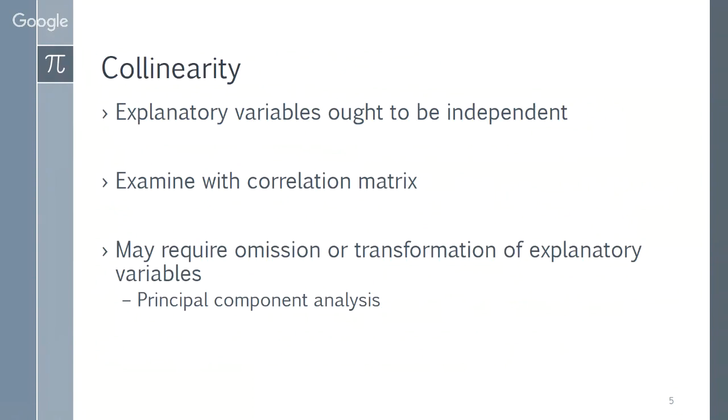So the strategy that I really like to do is called principal component analysis. Principal component analysis, very similar to factor analysis. It's actually the same thing as factor analysis, but the term factor analysis tends to get used in public health and the social sciences a lot more. It's also related to the idea of eigenvectors, if you're familiar with those.